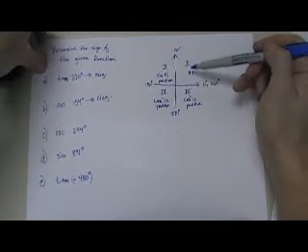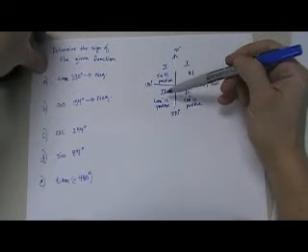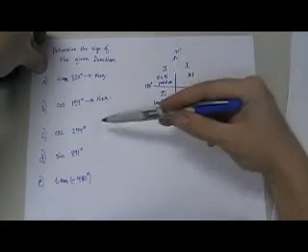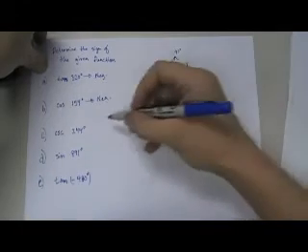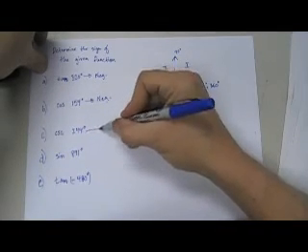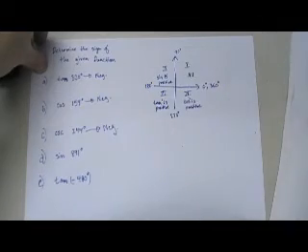So wherever sine is positive, cosecant will also be positive. Sine is positive in quadrants 1 and 2, negative in 3 and 4. Where is 244 degrees? It's in quadrant 3. Sine is negative, and since sine is negative, cosecant is also negative.